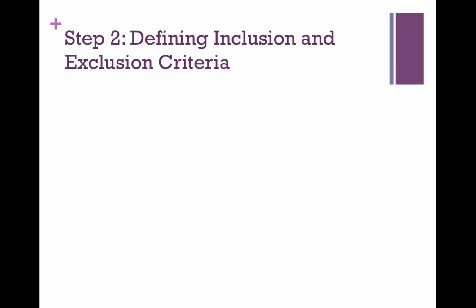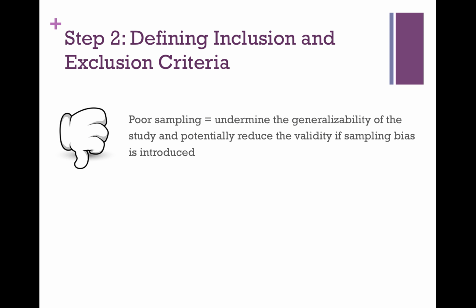Step 2. Defining inclusion and exclusion criteria. Poor sampling will undermine the generalizability of the study and potentially reduce the validity if sampling bias is introduced. Restrictions are applied to the population, and the inclusion and exclusion criteria should be carefully determined to create a balance between generalizability and bias.